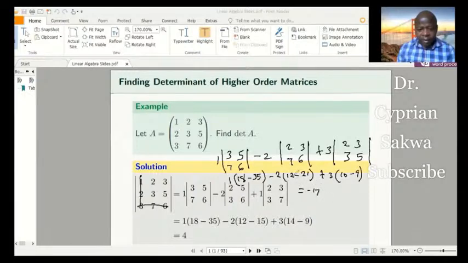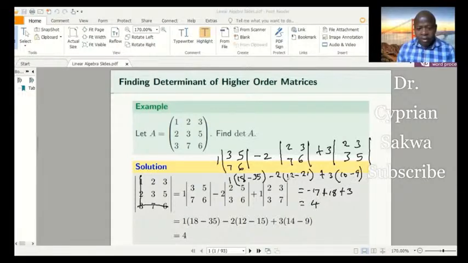What about 12 minus 21? This is negative 9. Negative 9 times negative 2 will be plus 18. And this is 1 times 3, which will be 3. So this is 1 plus 3, which is 4.